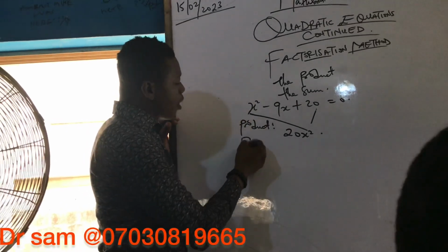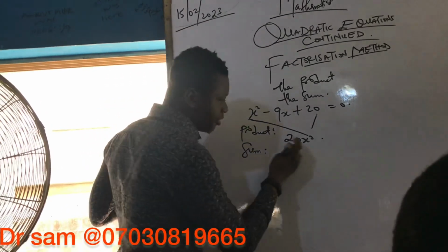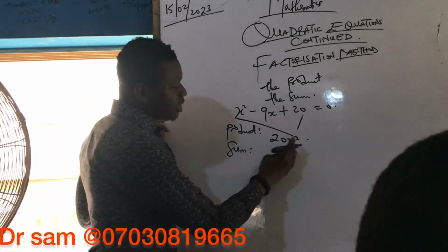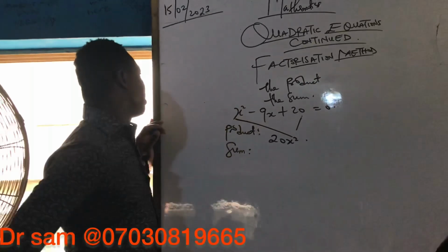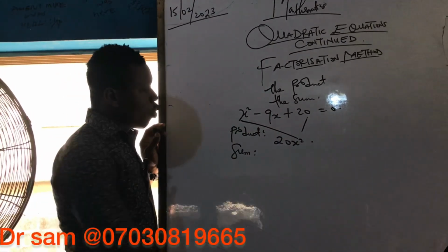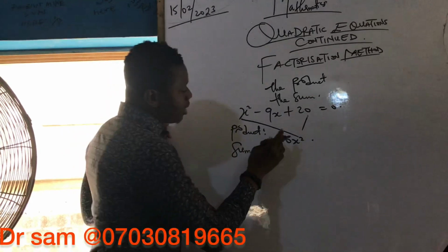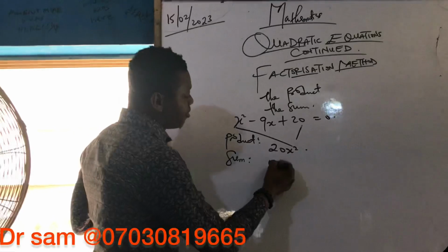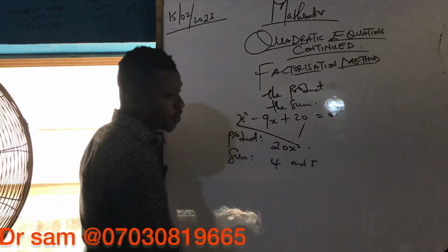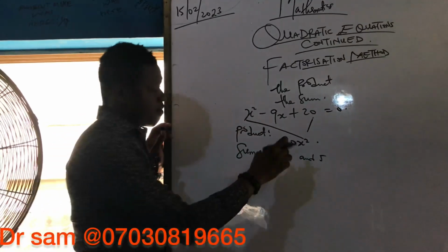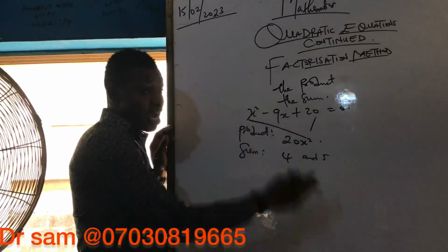Then we find the sum of this product. The two numbers are such that if you add them up, they must give us minus 9x. Before we know what sign to adopt, the factors of 20 that can give us a sum of 9 are 4 and 5. 4 times 5 gives a product of 20, and 4 plus 5 gives a sum of 9.